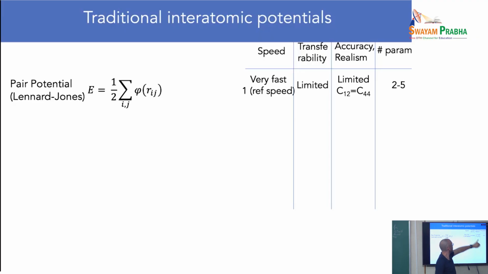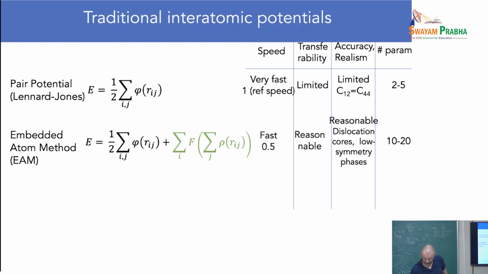With a pair potential, for the elastic constants of a cubic system, C12 has to be equal to C44. There's no way around it. So there are some limitations even in the elastic properties of the crystal that you're looking at. But there are very few parameters, say from 2 to 5 parameters.